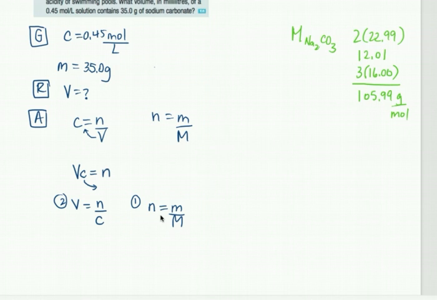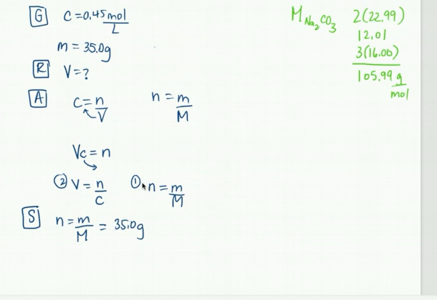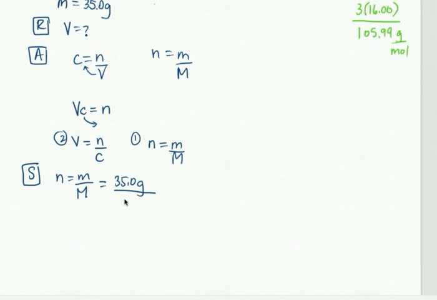Calculate your amount, then throw it in here, divide it by 0.45, and then you get your volume. All right, so here's our action plan now. We're going to calculate our amount first, by taking our 35 grams of sodium carbonate and dividing by our molar mass.